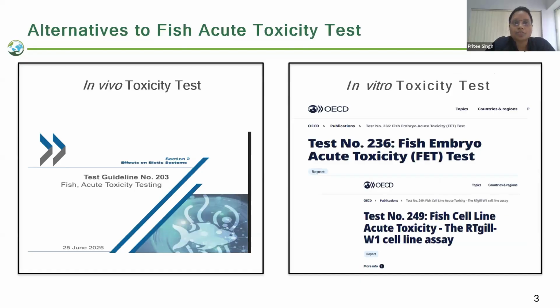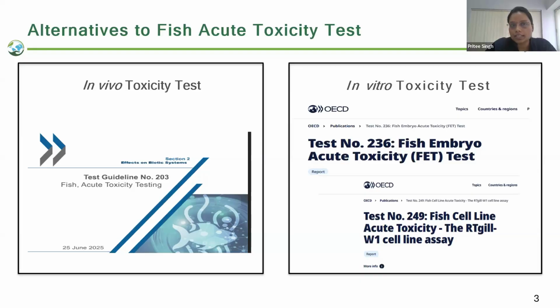As alternatives to fish acute toxicity, there are two guidelines. One is OECD 236, the fish acute embryo toxicity test, and the second is the fish cell line acute toxicity test, that is, the RTgill-W1 Cell Line Assay. OECD 249 we will be discussing in the upcoming slides.